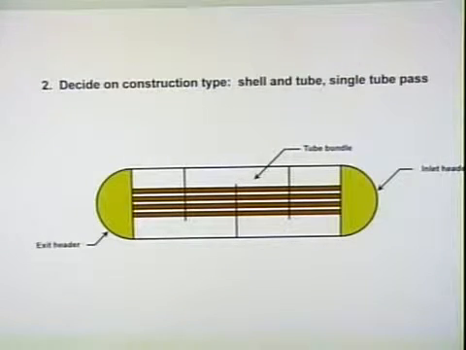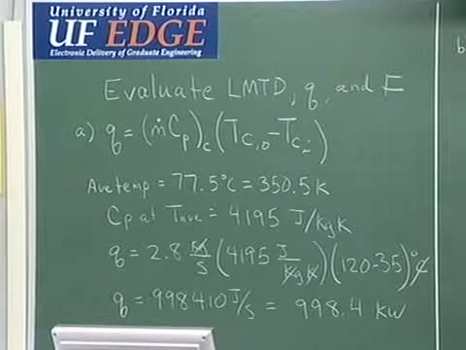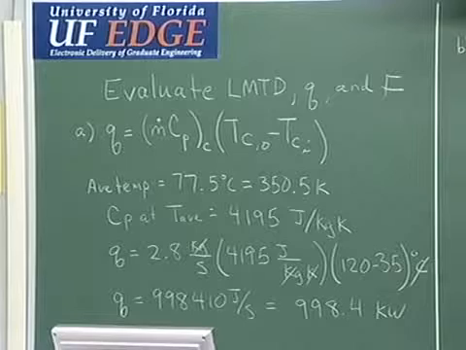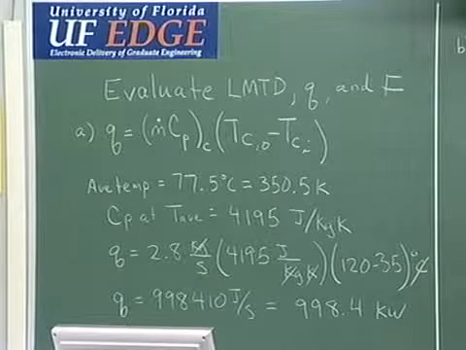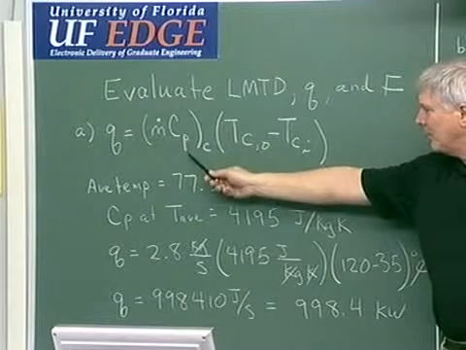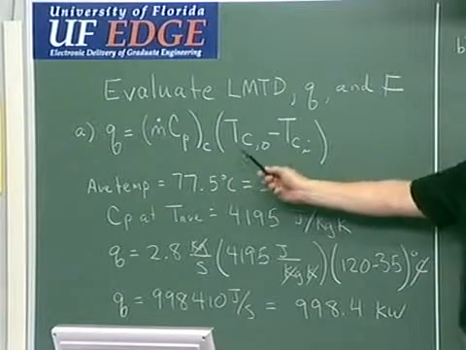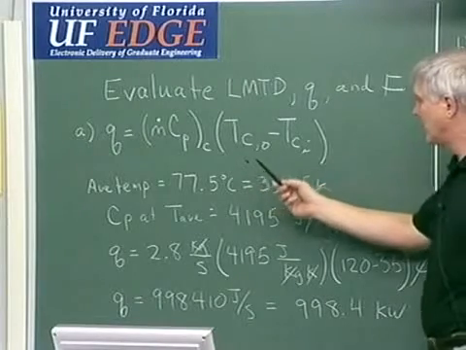So I'm going to go to the board now. In order to get the log mean temperature difference, first we need to determine Q. Q is given by m dot Cp delta T, and we can choose either the hot flow or the cold flow. They'll both work.